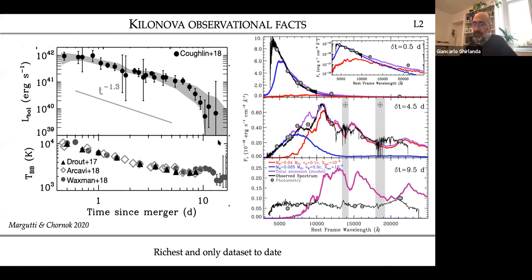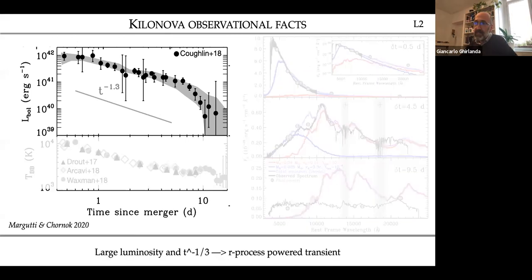So the first take-home message we have is indeed from the volumetric luminosity, since the large luminosity and the decay is a hint of the fact that the kilonova is powered by r-process nuclear decay deposition.